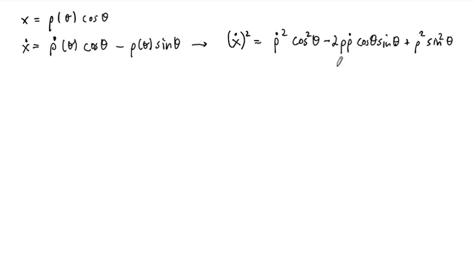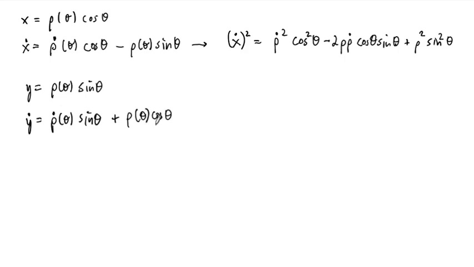We now need to do the same thing for y and y dot. Our function y was rho of theta times sine of theta. We take the derivative. The dot, remember, means the derivative with respect to theta. So y dot is going to be rho dot of theta times sine of theta. This time the derivative of sine is positive cosine, so this becomes plus rho of theta cosine of theta.